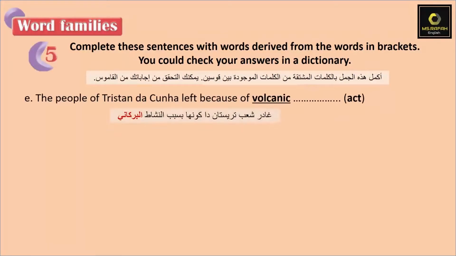The people of Tristan da Cunha left because of volcanic activity. رح نحط act. الكلمة هون فعل. رح نحط بالفراغ اسم لأنه إجا قبلها صفة. volcanic بركاني. فرح نقول النشاط البركاني. Volcanic activity.